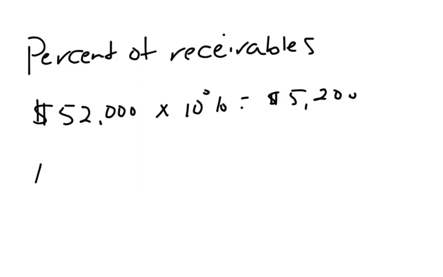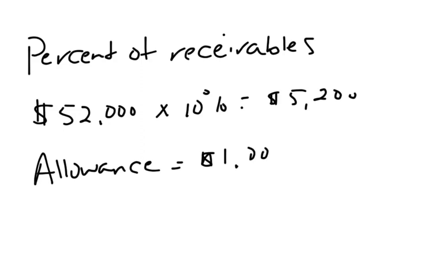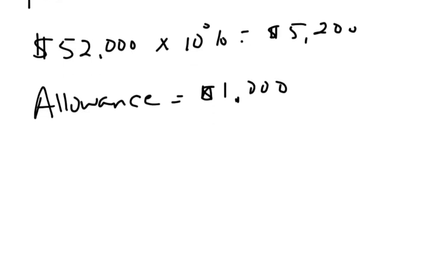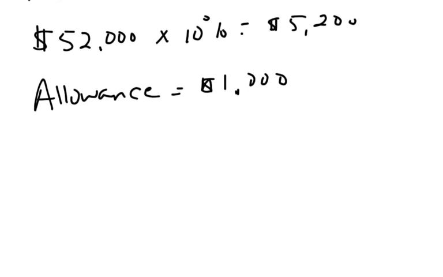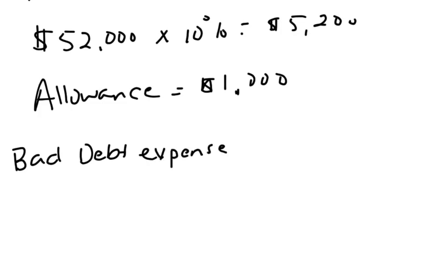So we're going to have to look at it. Let's say that right now our allowance account equals $1,000. We want it to equal $5,200. So I need to make an adjusting entry to get it to $5,200. Okay? So our adjusting entry is, again, bad debt expense and our allowance account.